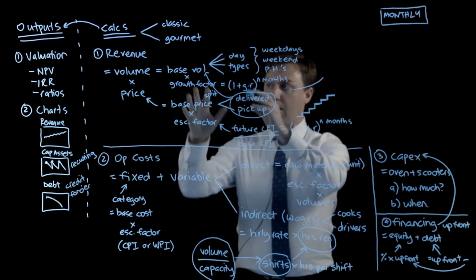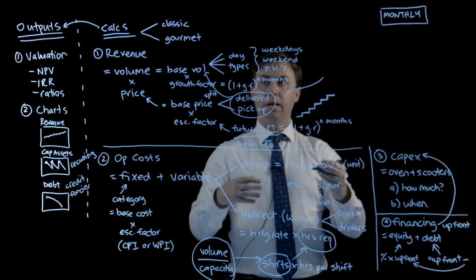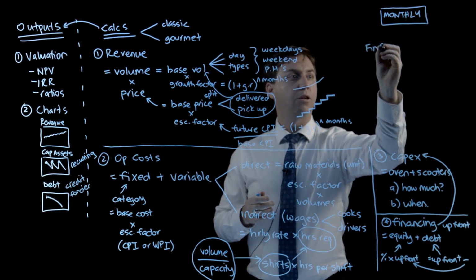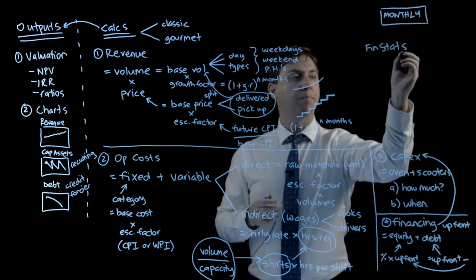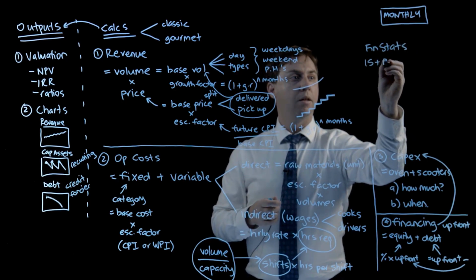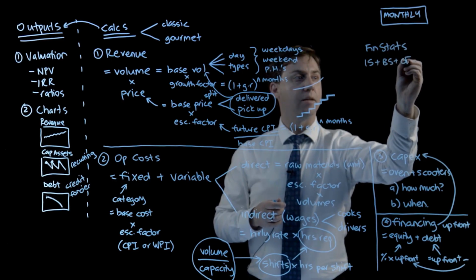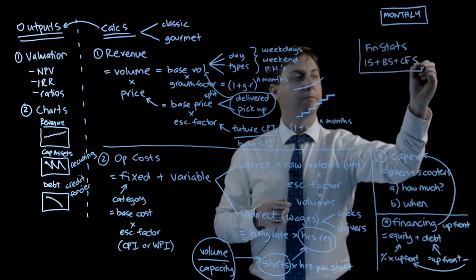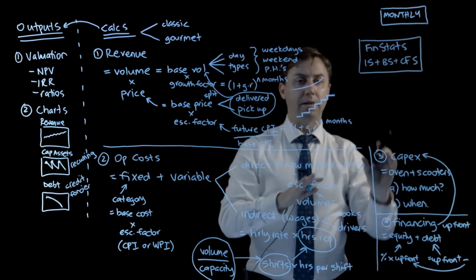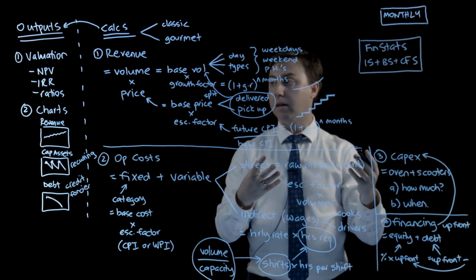Okay, now that we've laid out all our core components of the model, they are all going to come together into a thing that I'll call the financial statements, or the fin stats. And the three financial statements that we'll learn about will be the income statement, the balance sheet, and a cash flow statement. Because these are fairly standardized accounting ideas, you wouldn't need to map them out in detail in a whiteboarding like this.